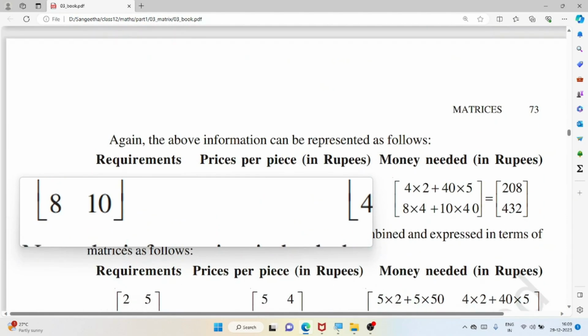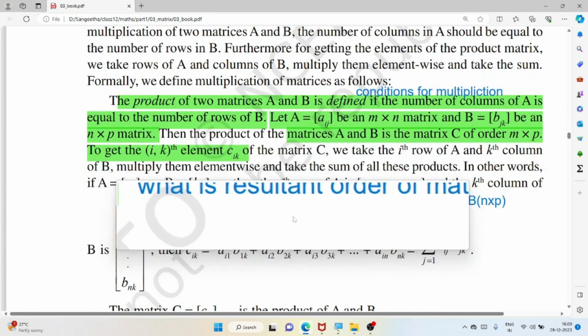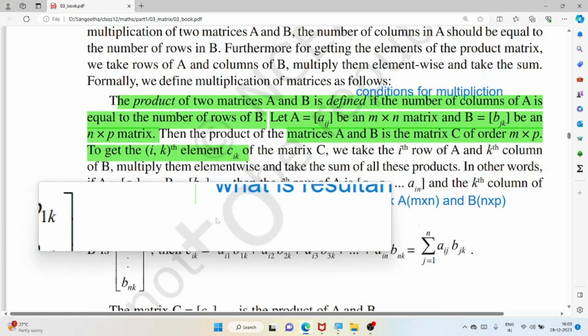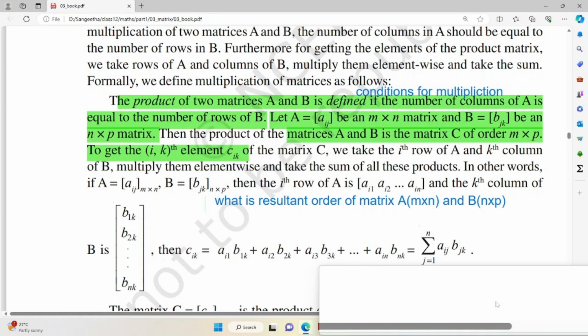Multiplication of the matrix. Again there should be some conditions to multiply two matrices, let us say A and B. The product of two matrices A and B is defined if the number of columns of A is equal to the number of rows of B. Then only you can multiply two matrices. What will be the resultant order?